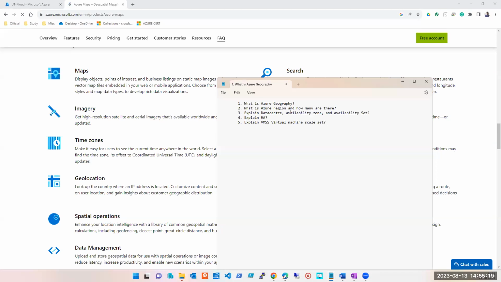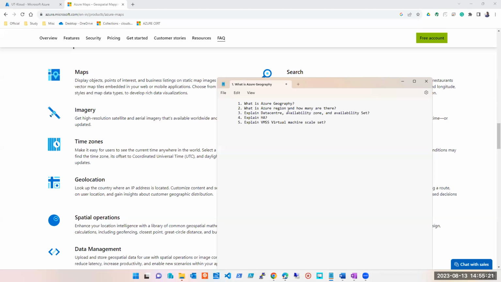Anyone who can explain what is geography, forget Azure? If I say that my business is available in this geography, what do you understand by that? Locations, right?